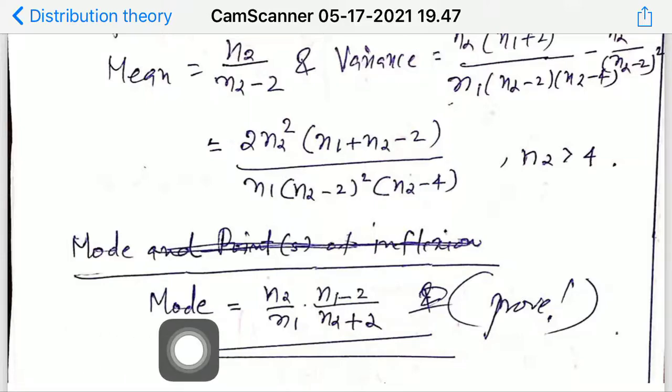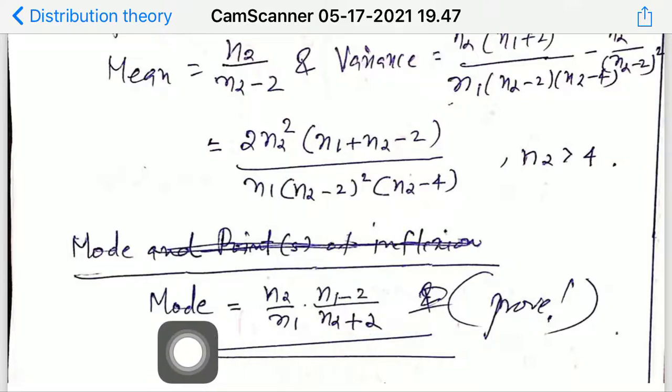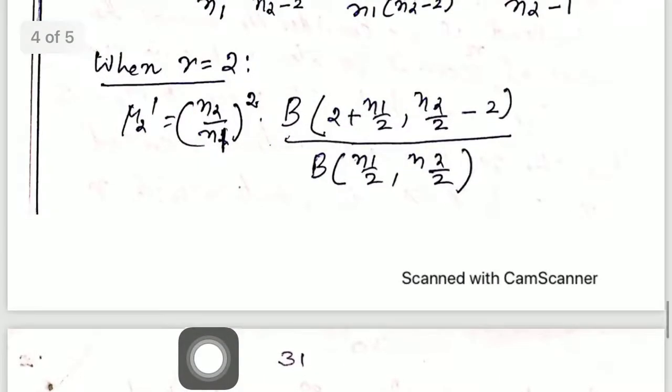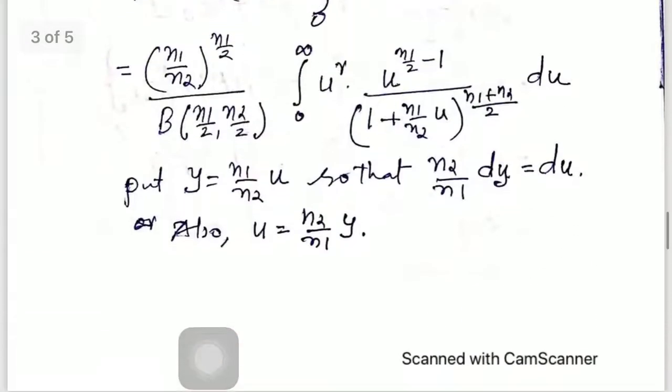Mode is equal to n2 by n1 into n1 minus 2 divided by n2 plus 2, right? And you will see that this mode can be determined in such a way that mode is that value for which the PDF is maximum.